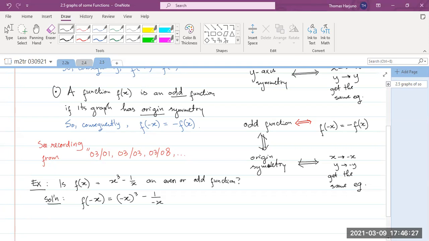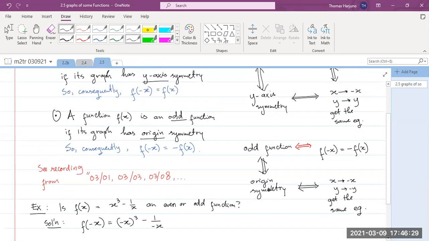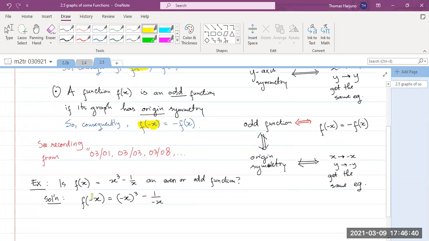You see, either checking even function or odd function, you start with f of negative x. So I replace x by negative x. Now then, try to simplify that and show how it relates to f(x).